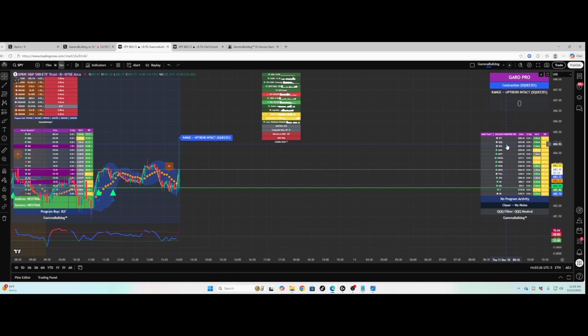Then you have the Mag 7, and then for today's purposes, I put in some banks: JPM, Goldman Sachs, Bank of America, Citigroup, and Morgan Stanley. So it looks like over here, Morgan Stanley's getting the most volume, along with Bank of America and Goldman Sachs.